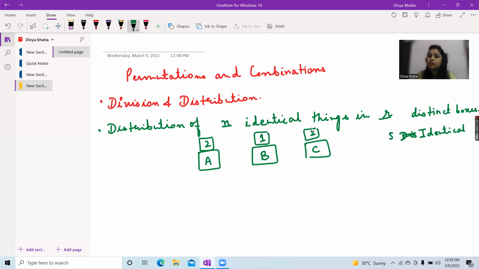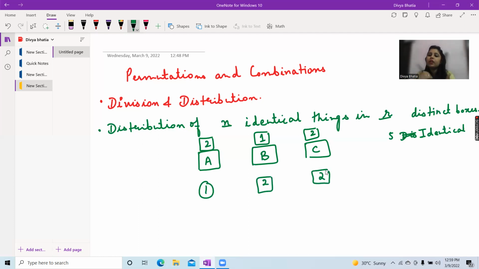This is one of the ways I can distribute 5 things into these boxes. Now what these 2, 1, 2 things are doesn't matter. They can be anything. The thing is, they are identical, so I don't have to choose these 2 objects. I'll just simply put 2 in A, 1 in B, and 2 in C. Now, another solution could be: I put 1 thing here, 2 in this box, and 2 in this box.